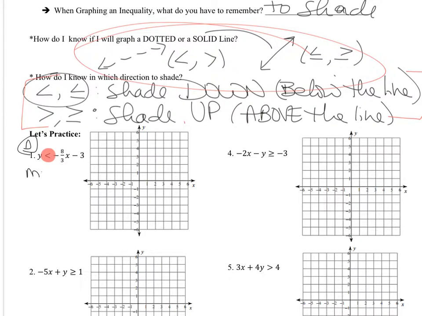Now I'm going to plot m equals negative 8 over 3, b equals negative 3. So at negative 3, plot a point. I can't go down and to the right 8, so I'm going to go up 8 and to the left 3 and plot a point. I can't plot any more points, but between these two points, I'm going to draw a dotted line.